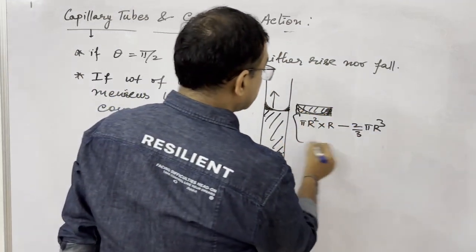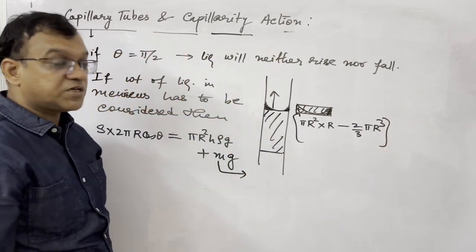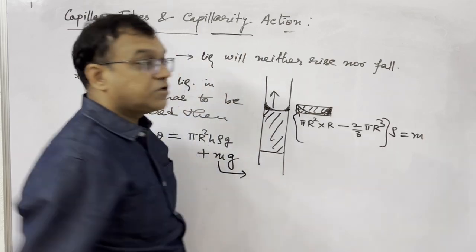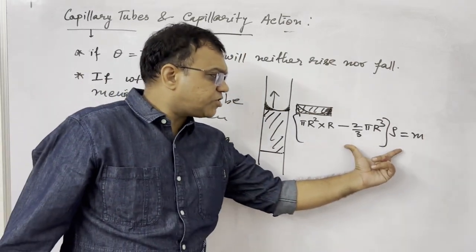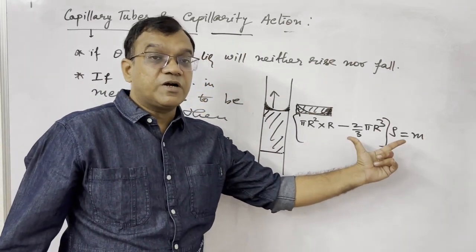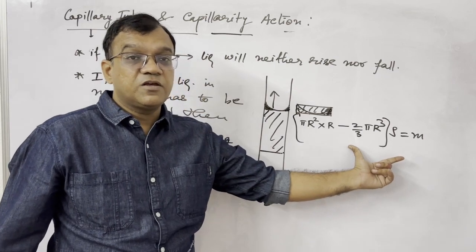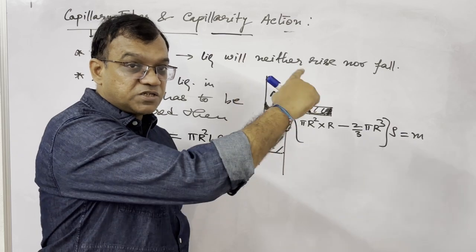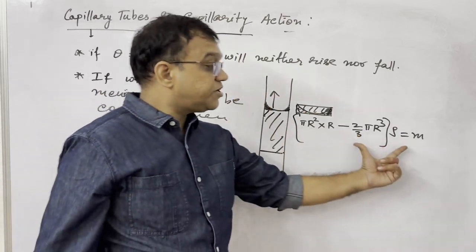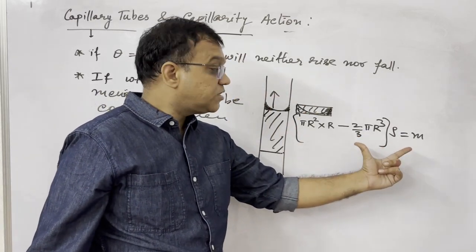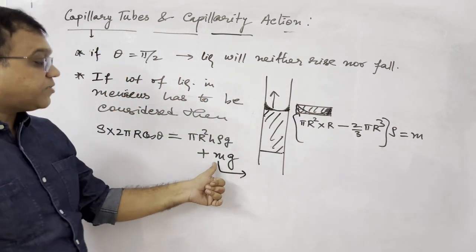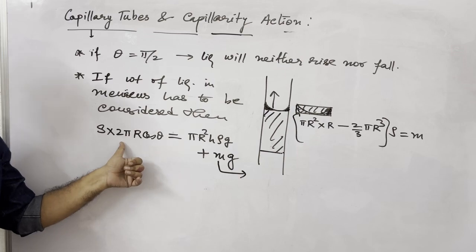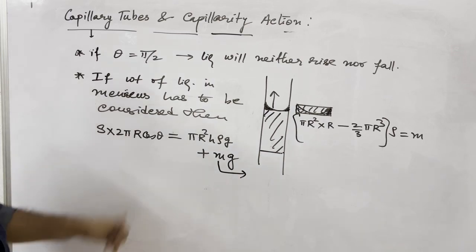Then this is the volume of the liquid in the meniscus, into density, equal to m. Sometimes as an approximation people use this, but it is valid only when the meniscus is hemispherical. Considering the hemispherical meniscus, this is the mass of the liquid in the meniscus, which also has to be balanced by the surface tension force. This also you can write.